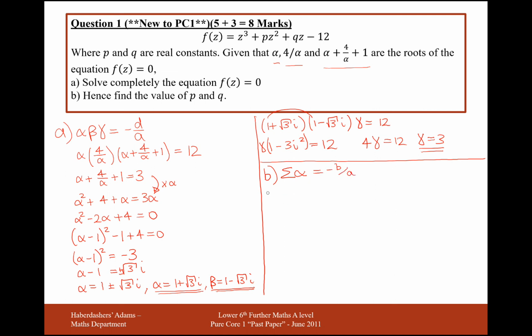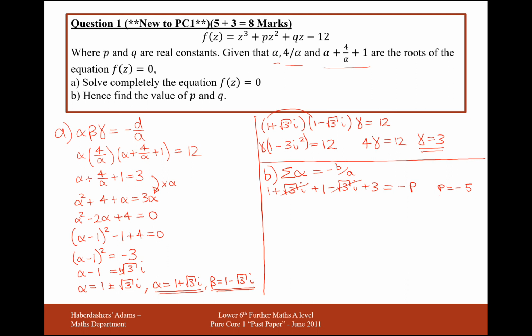So adding together all of these roots, 1 plus root 3i, add 1 minus root 3i, add 3 equals minus b over a, so it would be minus p over 1, so just minus p. So 3i will cancel out with minus 3i, 1, 2, 3, 4, 5. So p is going to equal minus 5.